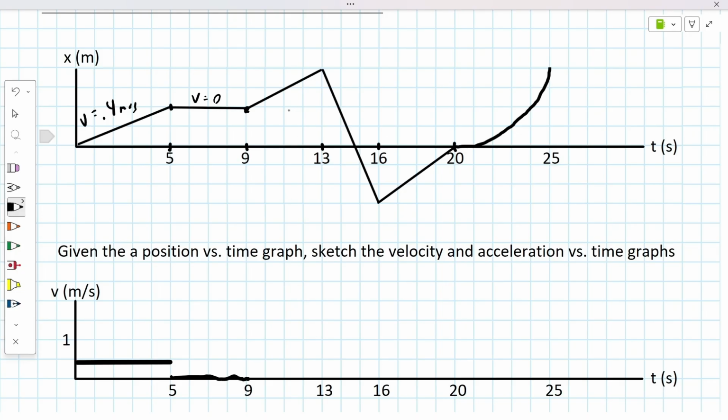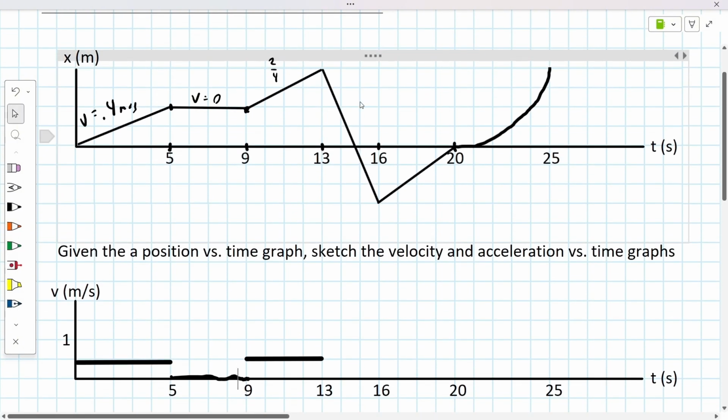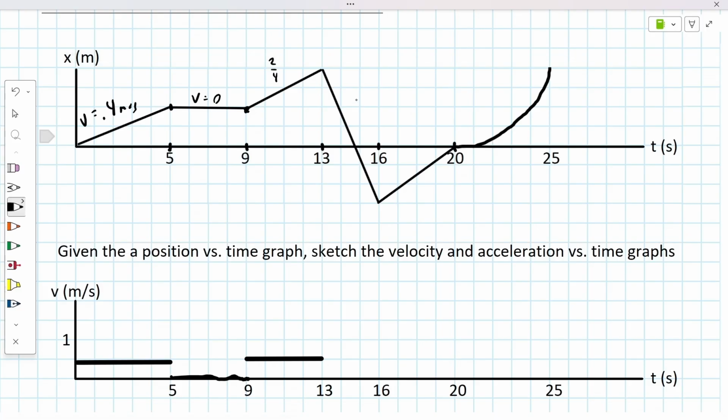We can just continue doing the same thing for this one. We already found this was 2/4, so that's 1/2. So we can draw the velocity of 1/2 right here, and that's constant. Now for this one right here, we found it was 7/3, which is a little more than 2.